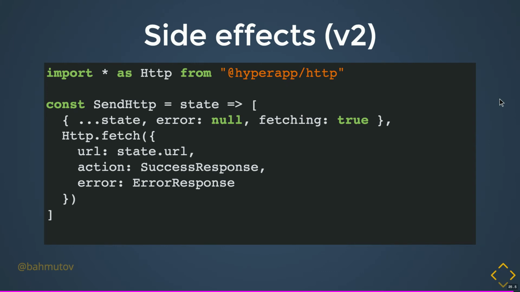But then you also return an effect, which is a special object that usually comes from a library and tells what you want to do. So you declare what you want the state to be and what you want to happen. And that effect will know how to update state later.